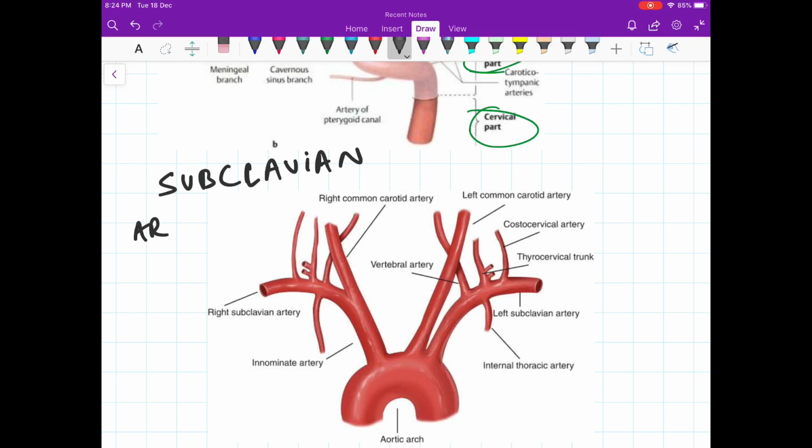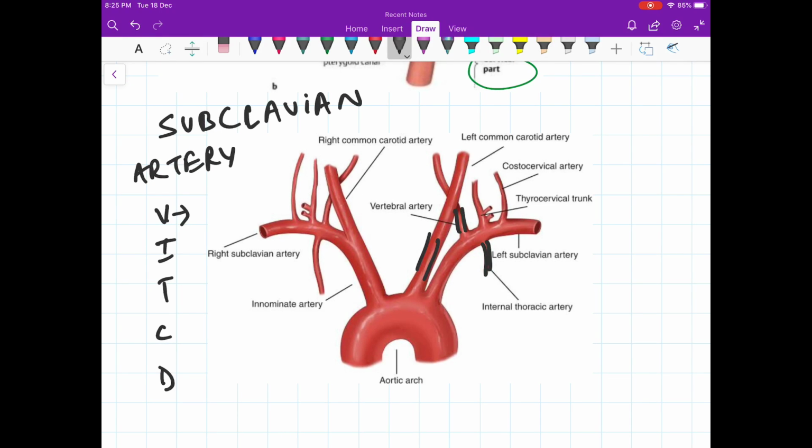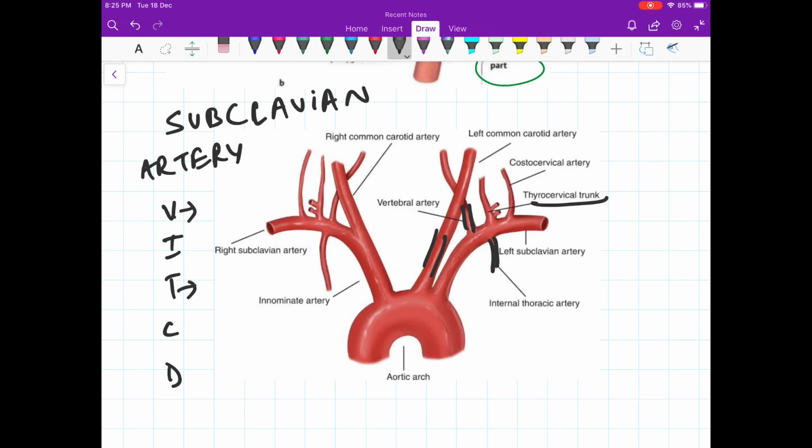You can remember it with the mnemonic vitamin CD, where V stands for vertebral artery, I stands for internal thoracic artery, T stands for thyrocervical trunk, C stands for costocervical trunk, and D stands for dorsal scapular artery.